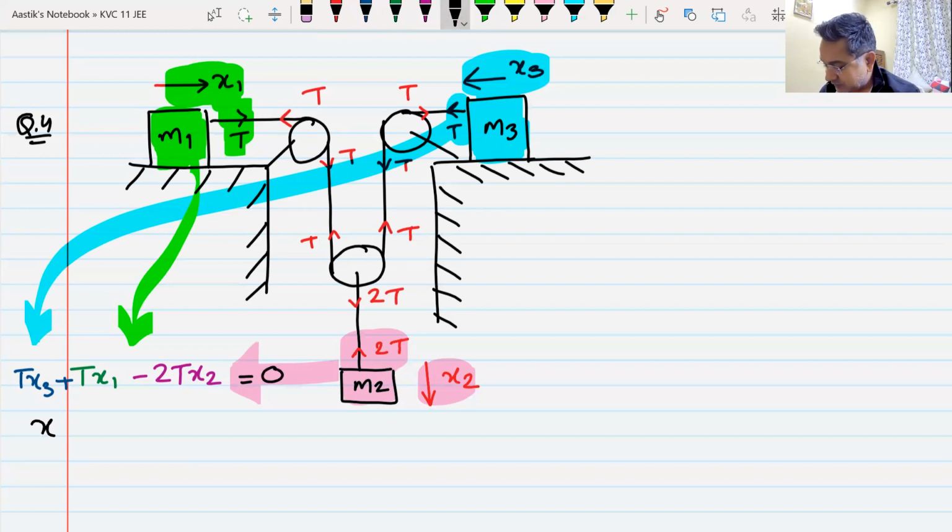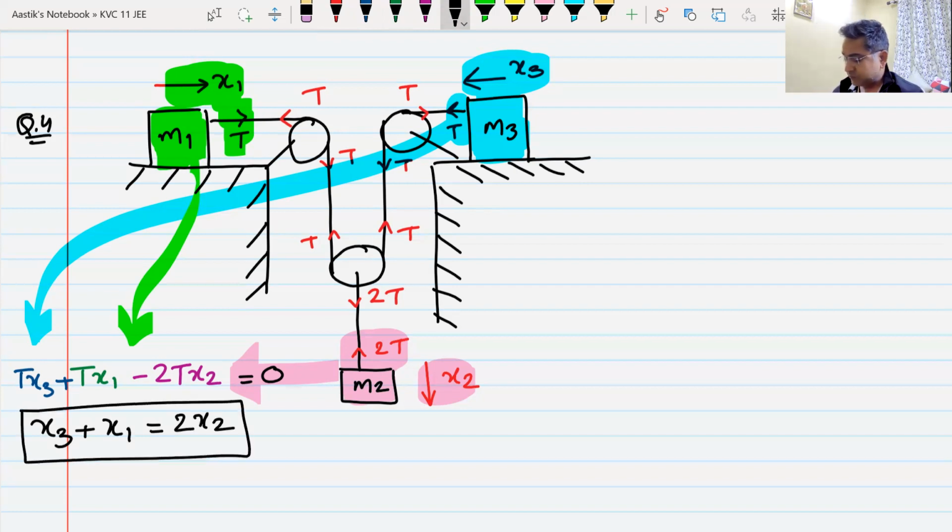From here, you get this revolutionary constraint: x3 plus x1 is 2 times x2. Do you understand this? Now, you just have to do simple things. We have 2 minutes to do those simple things. Do those simple things, get your answer, stay happy.